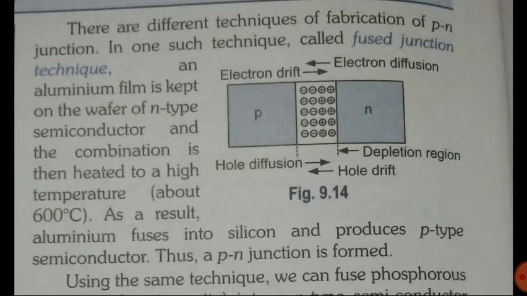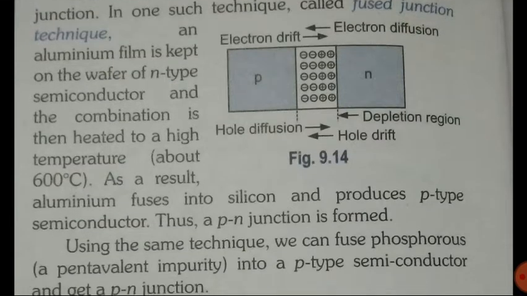We have many different technologies to make a p-n junction. One technology is called the fused junction technique. In this, an aluminum film is kept on the wafer of n-type semiconductor and the combination is then heated to a high temperature.